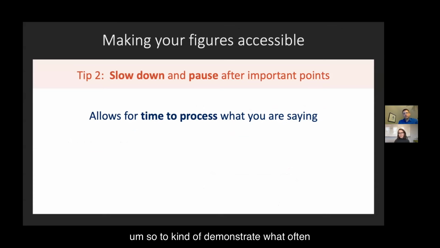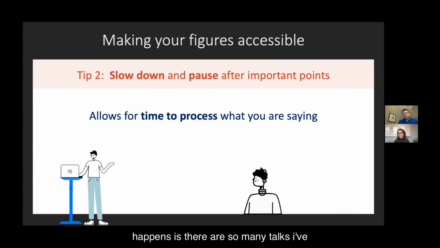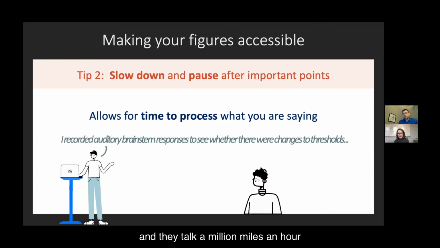So to demonstrate what often happens: there are so many talks I've been to, and I'm sure you all have been to, where you're listening to the speaker and they talk a million miles an hour and they have no pauses, and then they go on to the next slide.